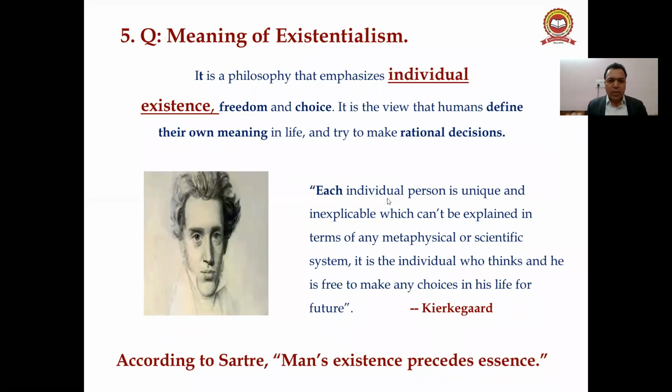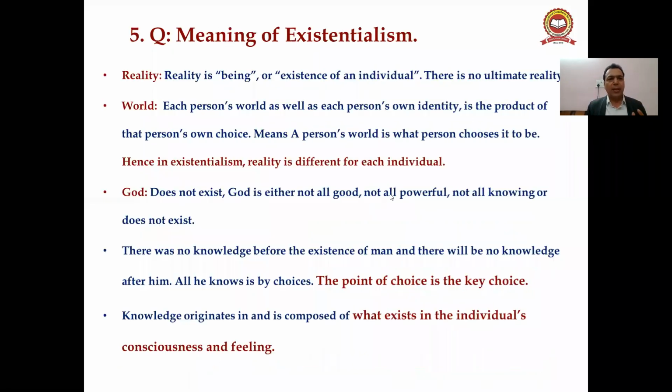This philosophy says that reality lies in the existence of an individual. There is no ultimate reality. In the last lecture, we discussed that under idealism there is an ultimate reality and reality lies in the idea. But this philosophy says that reality lies in the existence of an individual.